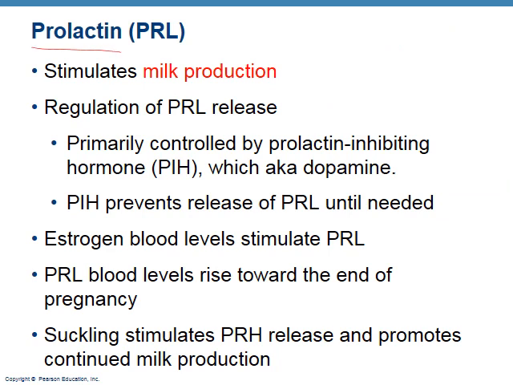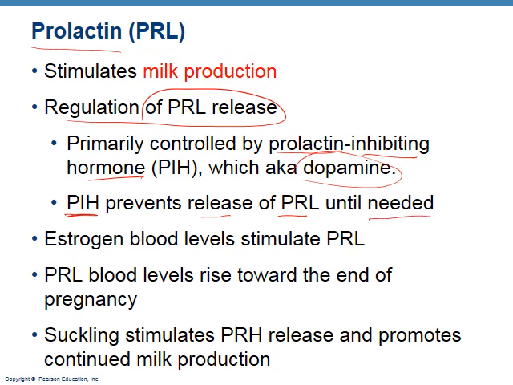So the sixth hormone is prolactin. Prolactin is regulated by prolactin inhibiting hormone, which is the same structure as dopamine. So prolactin inhibiting hormone prevents the release of prolactin until needed. So estrogen blood levels stimulate prolactin.